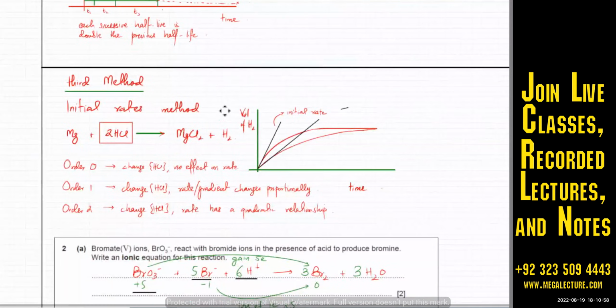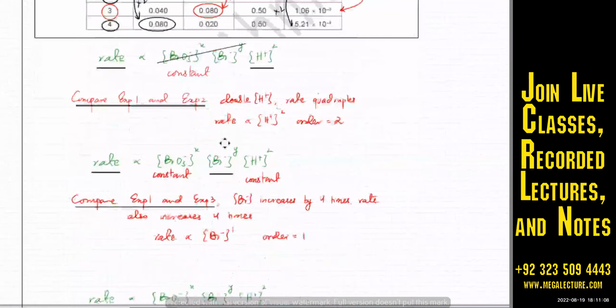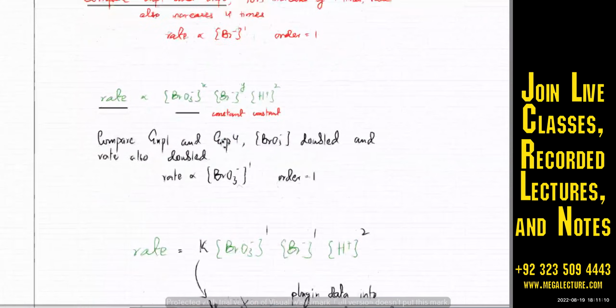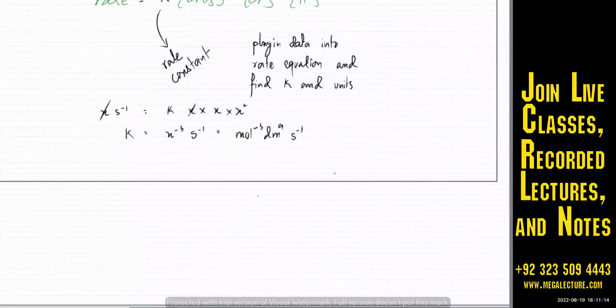Then you had the third method, which was the initial rates method. In this case, what you did was you compared experiments, and we'll do a bit more of these questions.